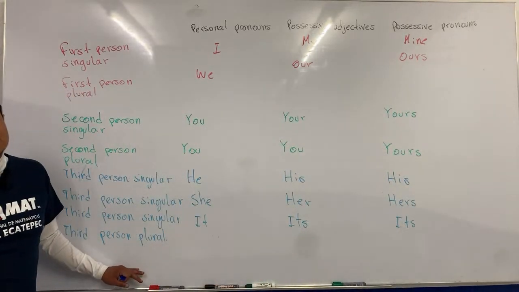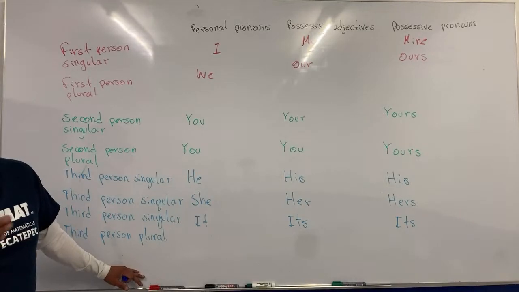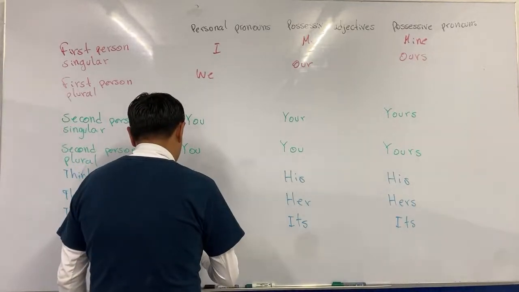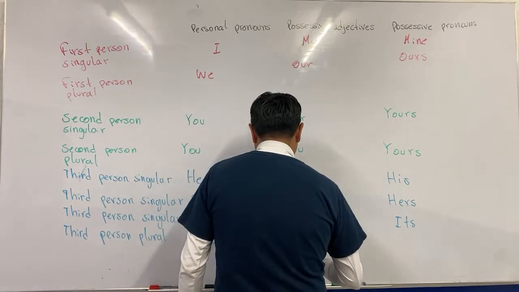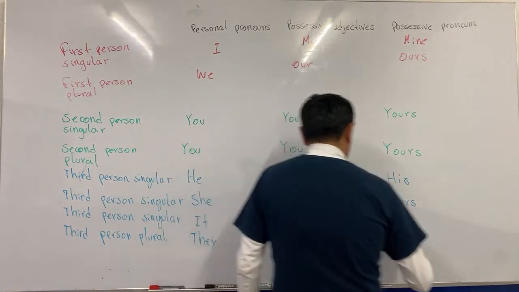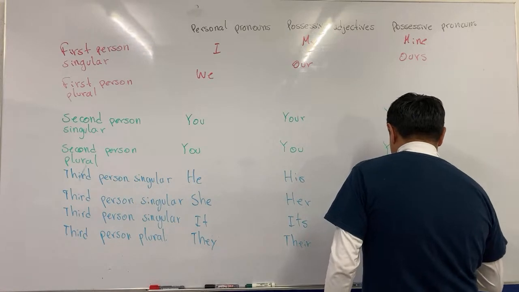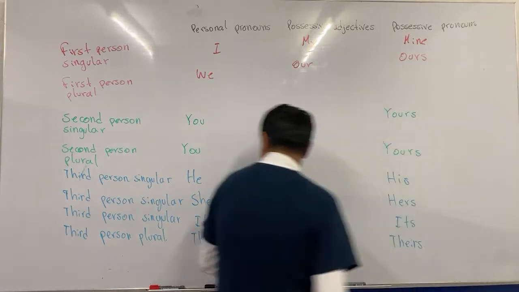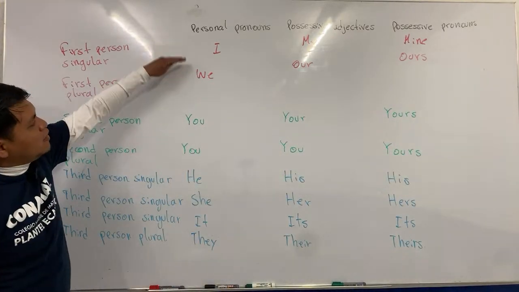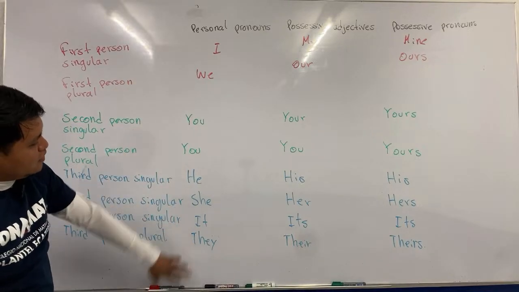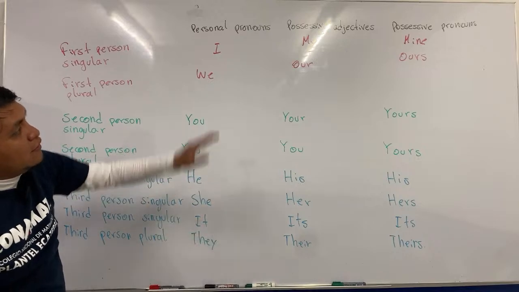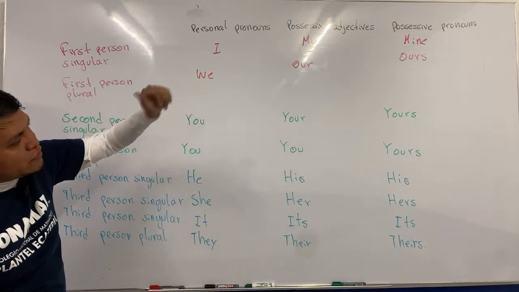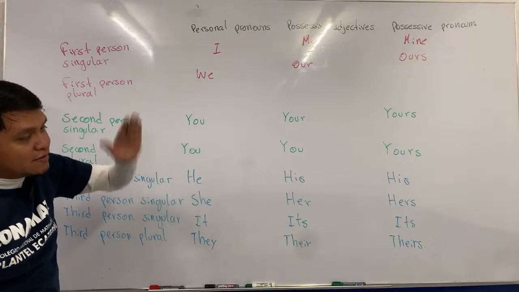And the last, they, their, theirs. Right? I, we, you, he, she, it, they. My, our, your, his, her, its, their. Mine, ours, yours, his, hers, its, theirs.